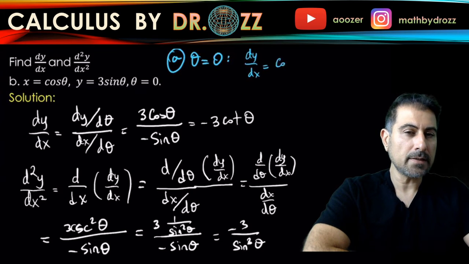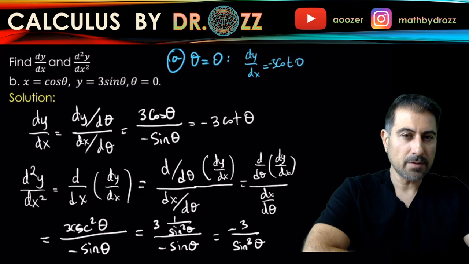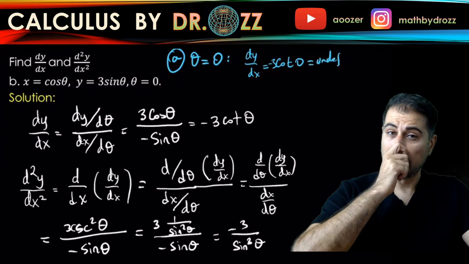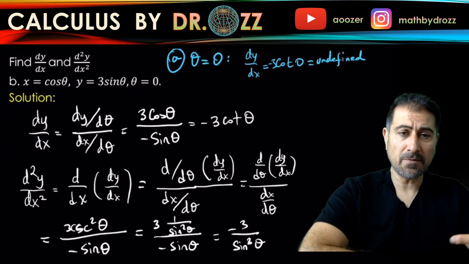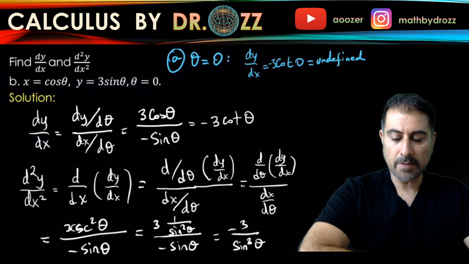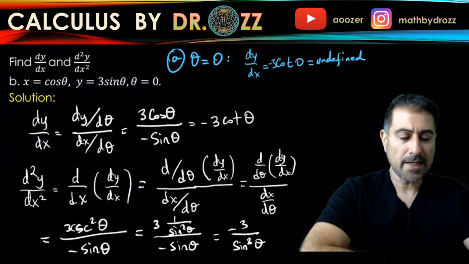Okay, cotangent is cosine over sine, and sine 0 equals 0, so cotangent 0 is undefined. Okay, what is the meaning of the slope being undefined? Please think about it simultaneously, because I'm going to graph the parametric equations and see what kind of slope, what kind of tangent line we should expect out of that.